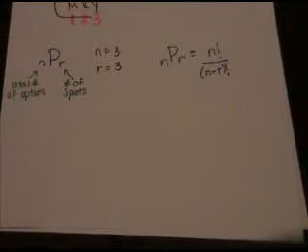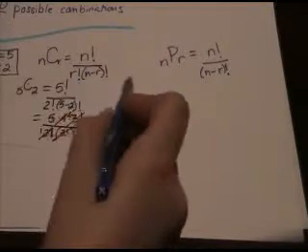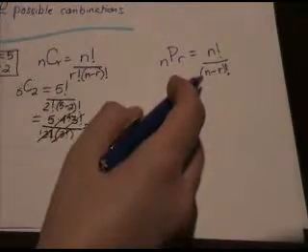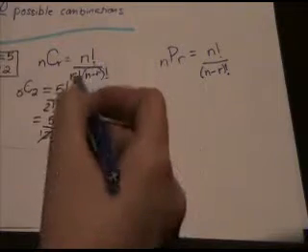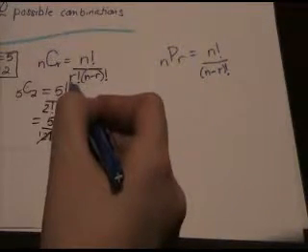Just a subtle difference. On combinations, we had an extra r factorial in the denominator. We do not have that in the permutations formula. This is what takes out the repeats.